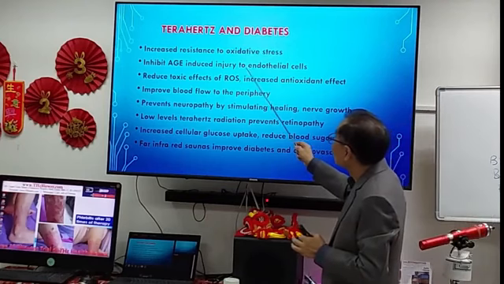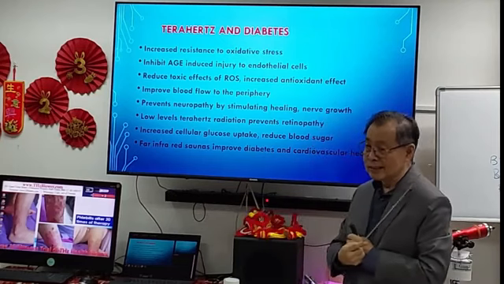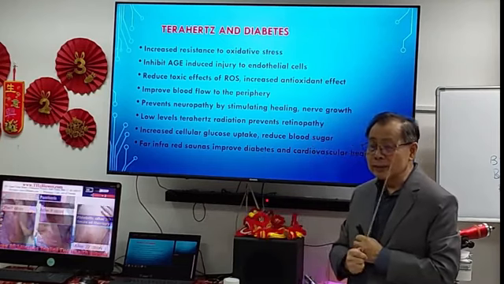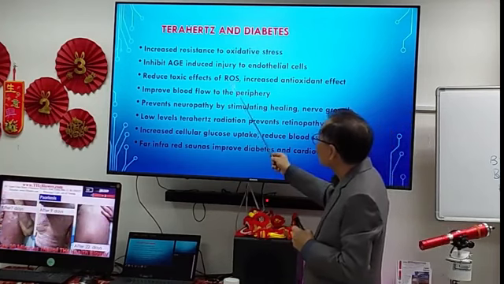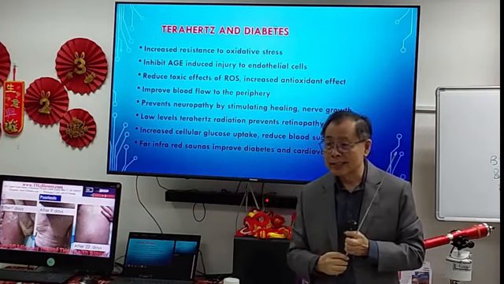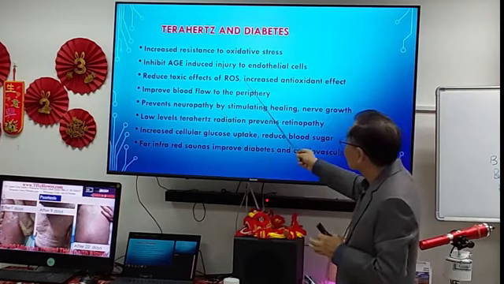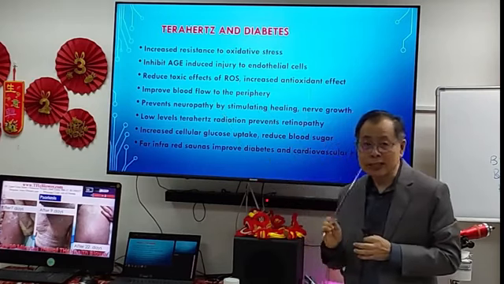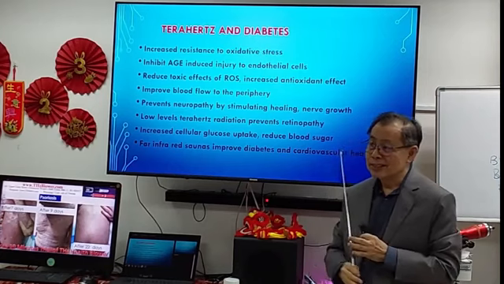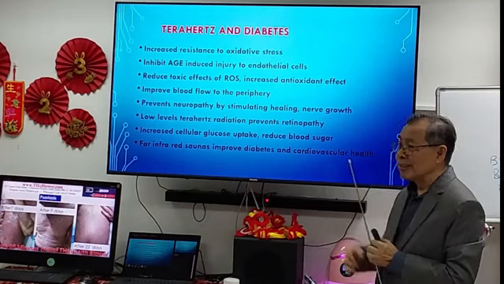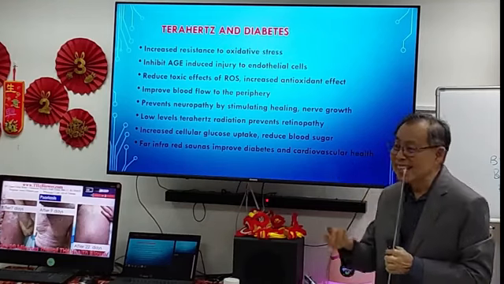And it can reduce the injury of AGE. Interesting. It can also reduce the toxic effect of ROS, which is what we say causes all the toxicity. So in other words, this is antioxidant effect. That's pretty powerful. So instead of taking antioxidant pill, you can use Terahertz. But I wouldn't recommend you go off antioxidant pill if you have been taking it.